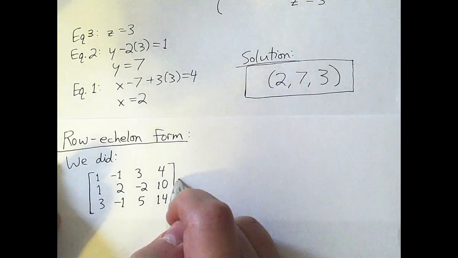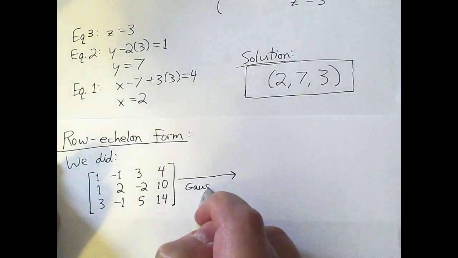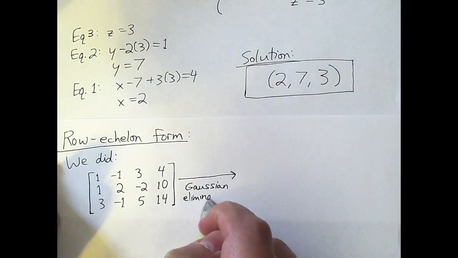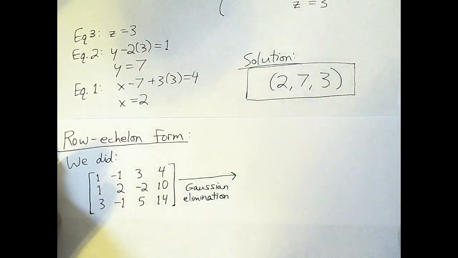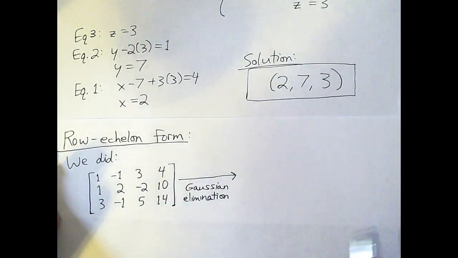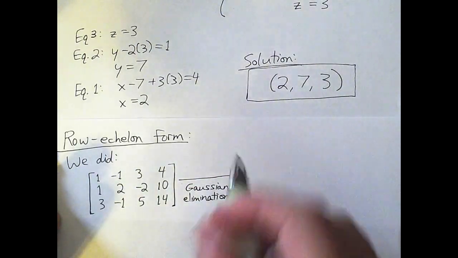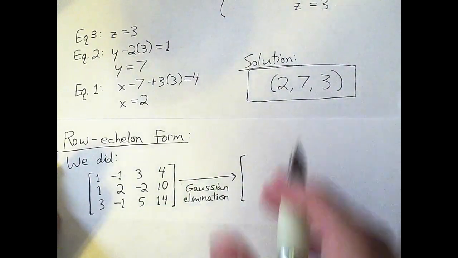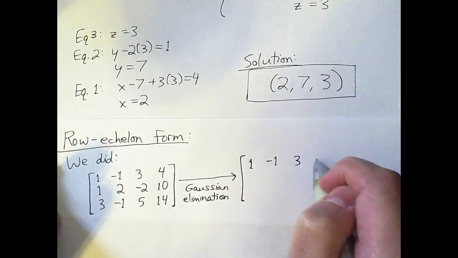And we performed a bunch of steps on it, which I'm going to summarize by saying that we did Gaussian elimination, right? In the previous lesson, we described it as 3 steps that you're allowed to do to equations. And now I'm saying you're allowed to do those 3 steps to rows, like adding a multiple of a row to another row, and so on. We did that and we wound up with this.